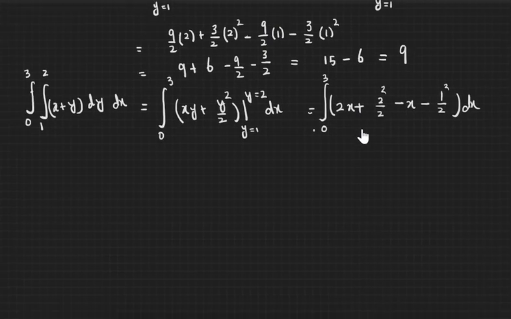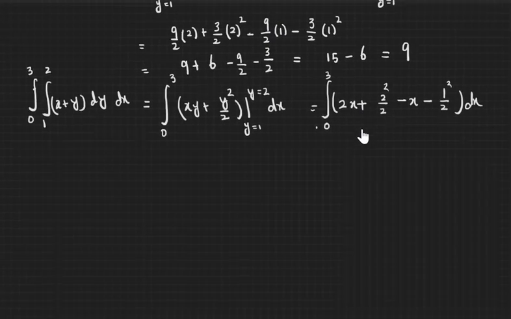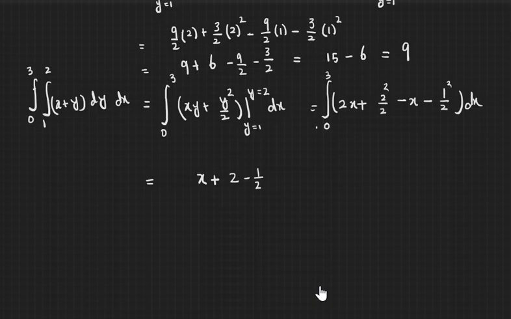Okay, now let's simplify this. So that would be equal to 2x minus x, that would be x, plus 2 square over 2, that would be 2, and this is minus 1 upon 2, so 2 minus 1 upon 2 that would be 3 over 2. So instead of writing 2 minus 1 upon 2, we are writing 3 over 2, so that would be x plus 3 over 2, integration with respect to x from 0 to 3.